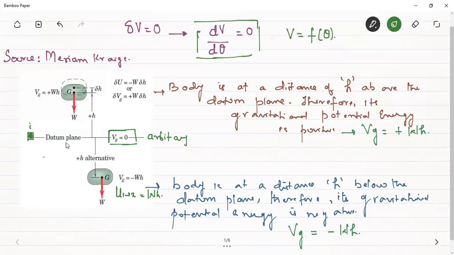Now see here this datum plane, the choice of datum plane is arbitrary. Because we are interested in change in the gravitational potential energy.